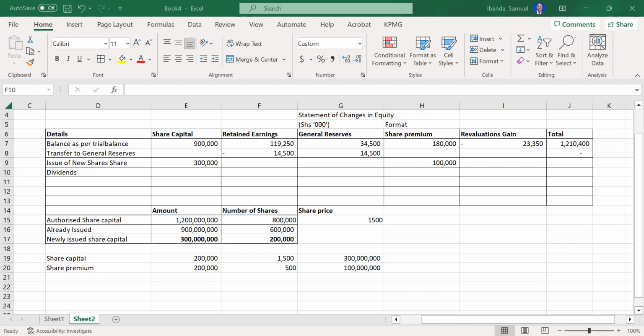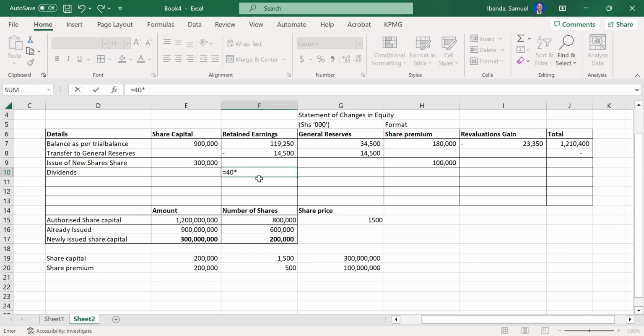Now, like I said, we have a dividend of 40. Now it's going to be multiplied by the 600,000, which is going to give us the 24 million.